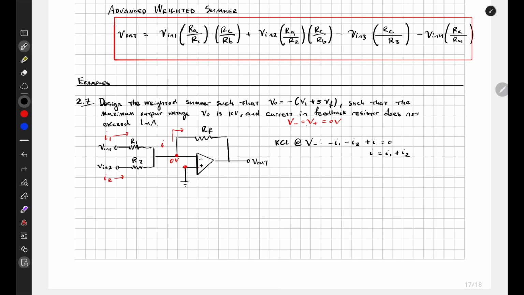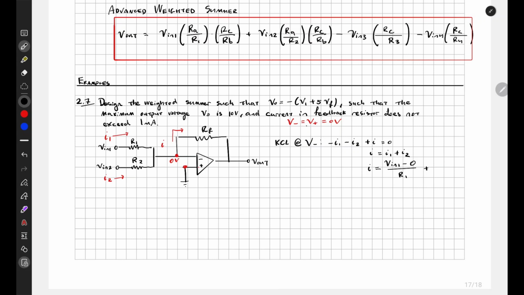We can also represent I1 and I2 relative to the input resistors. So I is equal to I1 plus I2. Let's look at I1. I1 is equal to this voltage minus this voltage divided by this resistor, so it is V in 1 minus 0 divided by R1. Now we have to add I2.